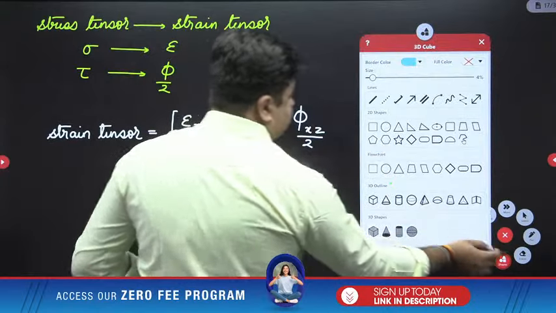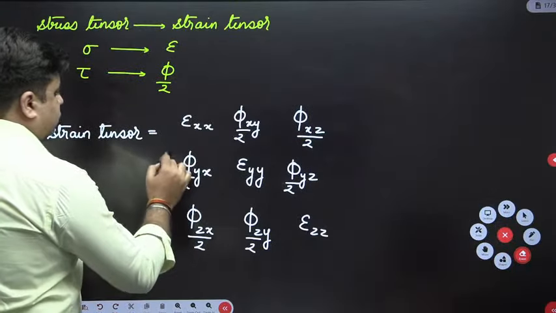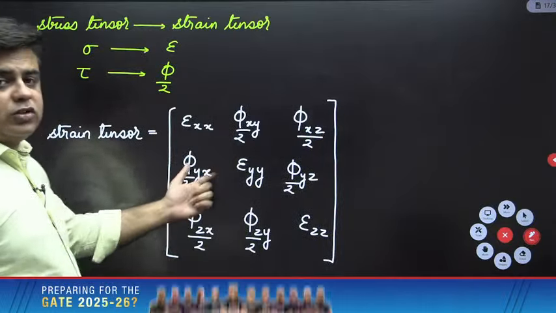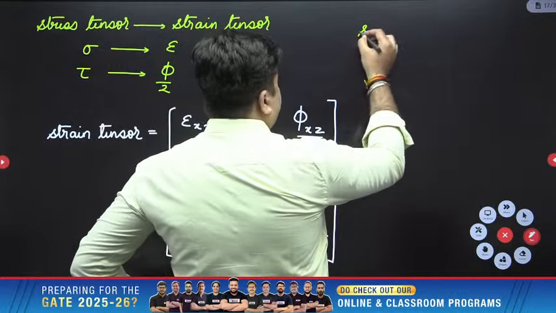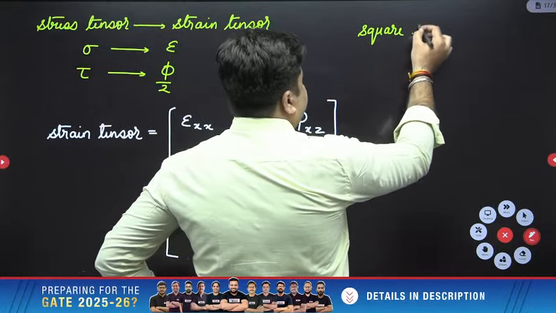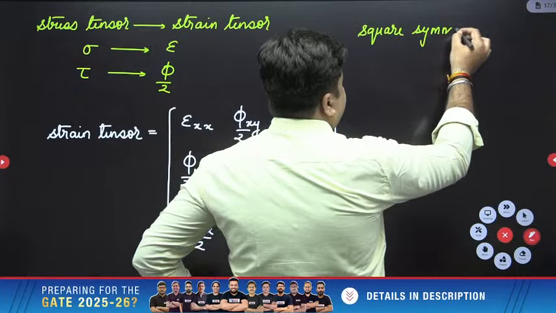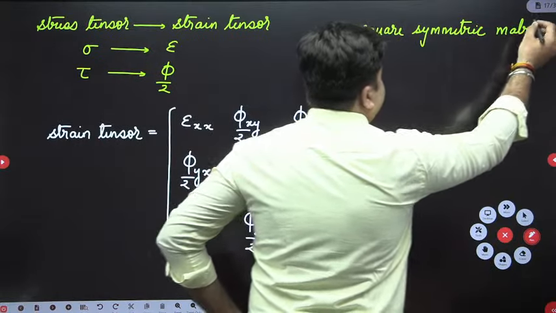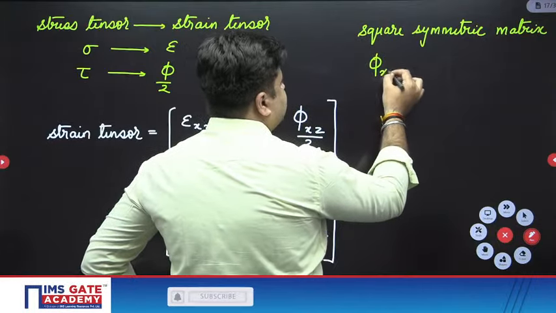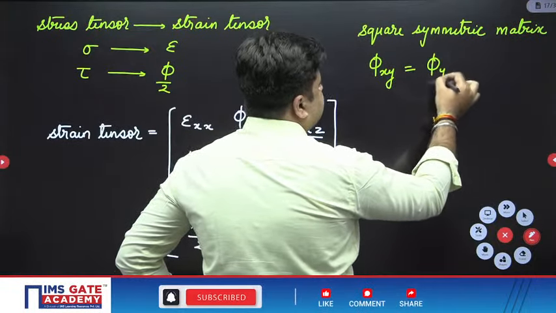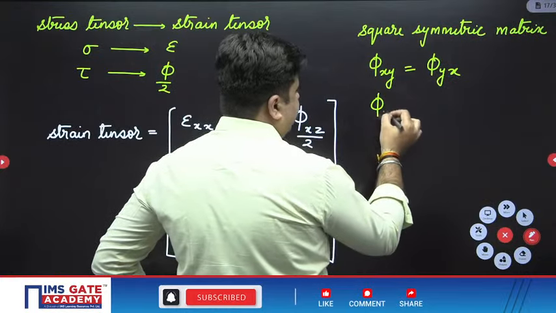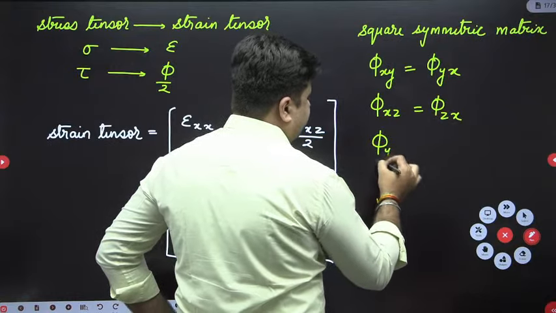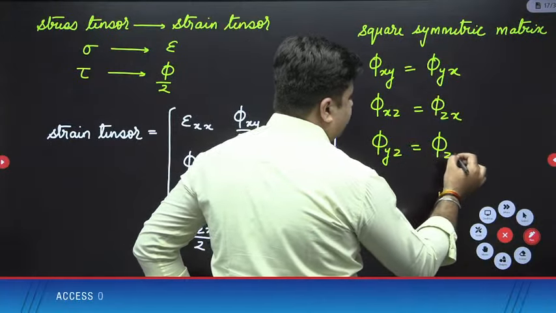Now, the best part is the strain tensor is also a square symmetric matrix. It means phi xy is equal to phi yx, phi xz is equal to phi zx, and phi yz is also equal to phi zy.